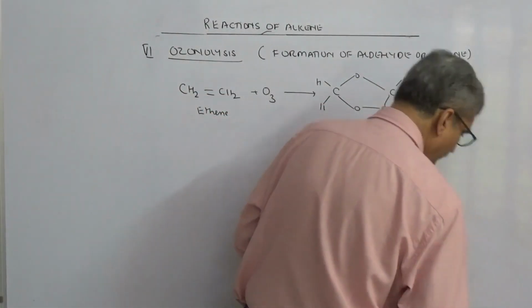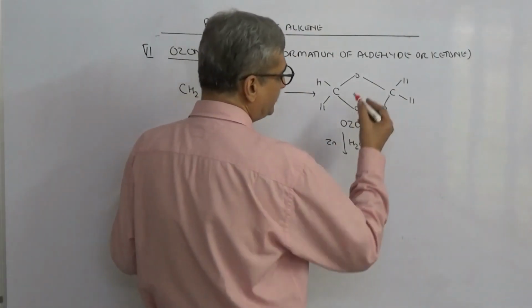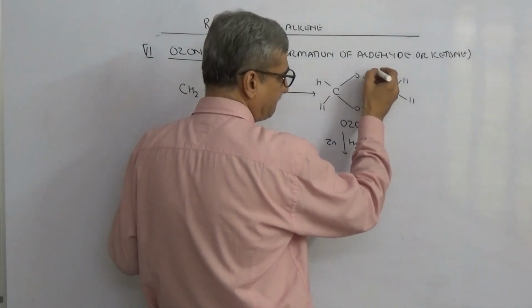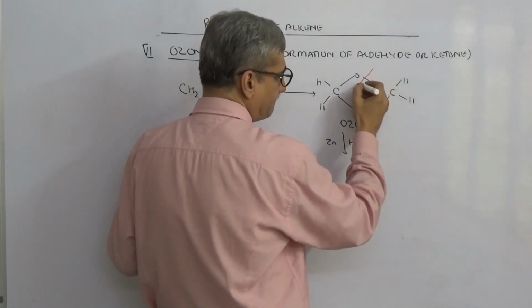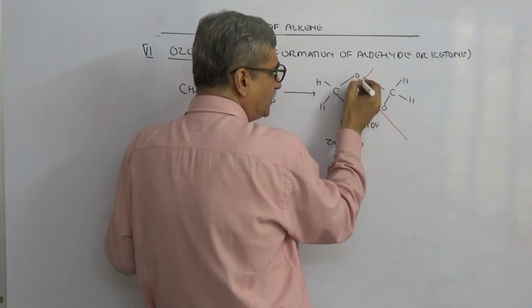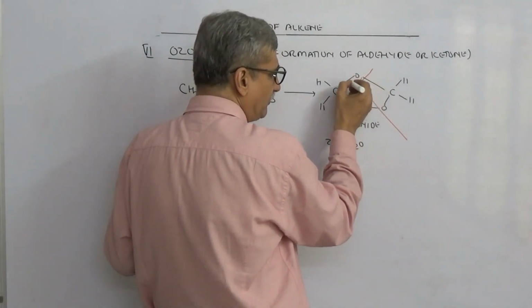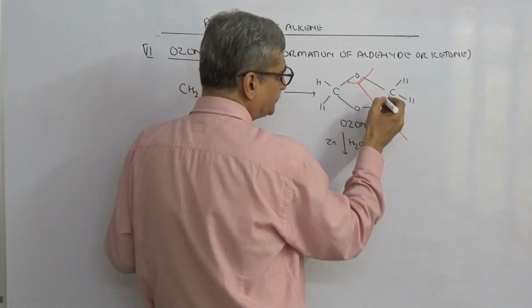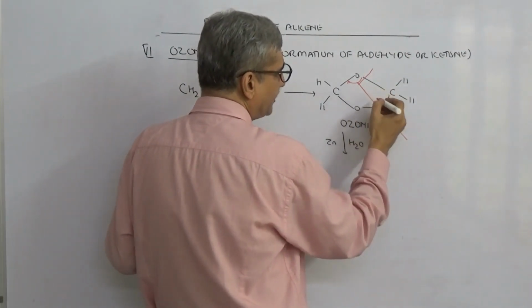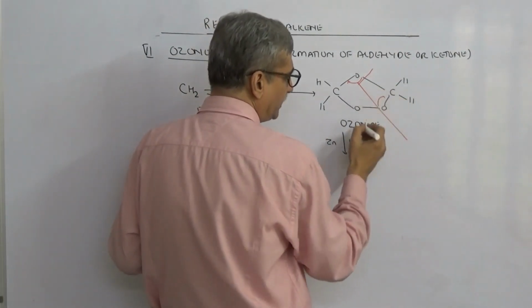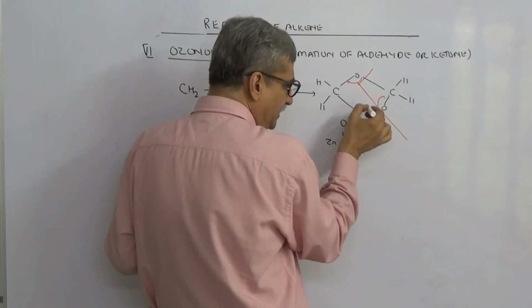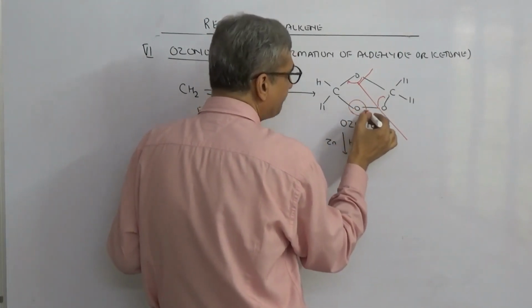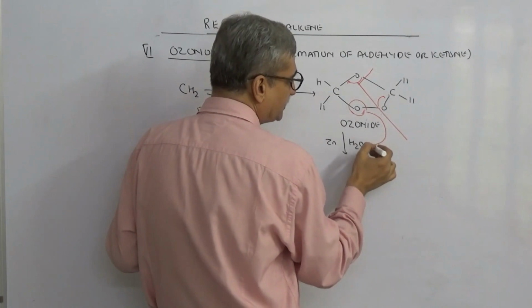So when you react with water, the bond breaks like this. This bond will come over here, and this bond will come over here, and this oxygen will get attached to this water.